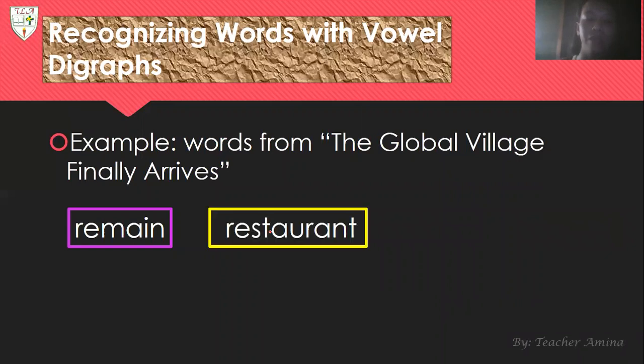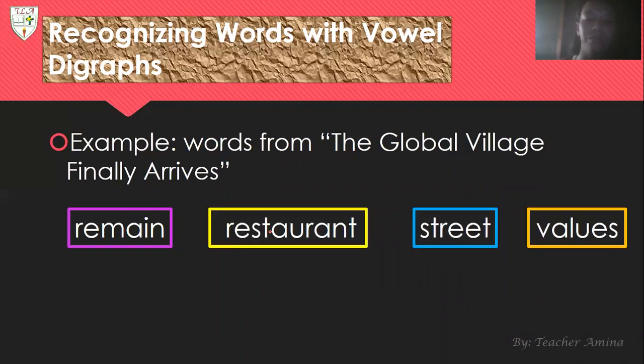We have here some words also from The Global Village Finally Arrives story. Okay, so how do we say this name, and what is the vowel digraph? For the one in the purple box, we have the AI, and you sound it as remain.